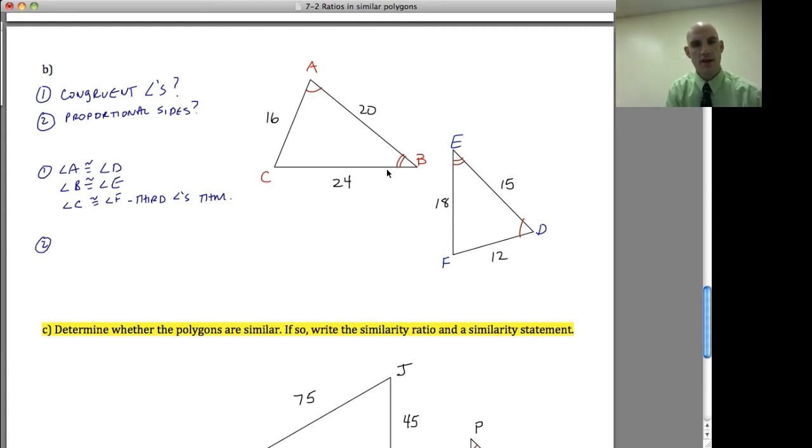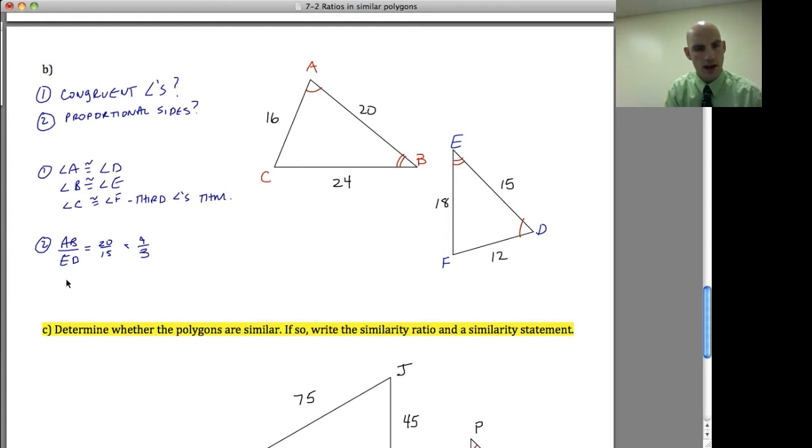So that means that AB goes with ED because it's between the first and second angle, the 1 and 2 tick marks, so that's going to go here. And so that's going to be 20 over 15, which is 4 over 3.